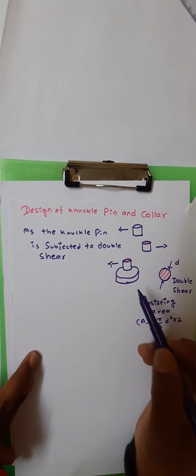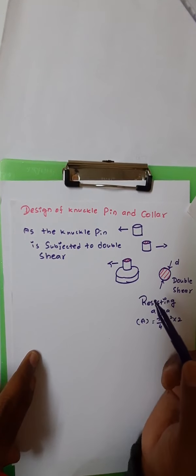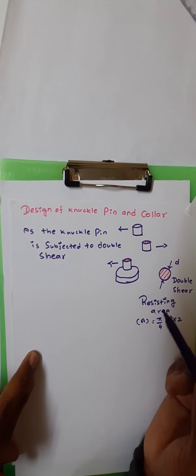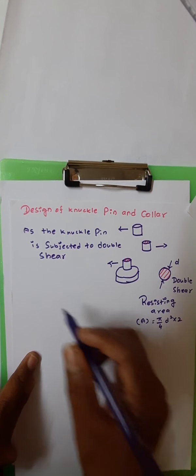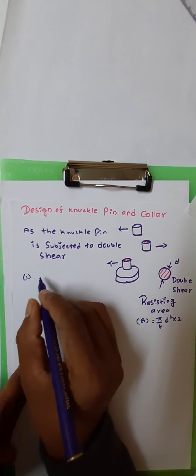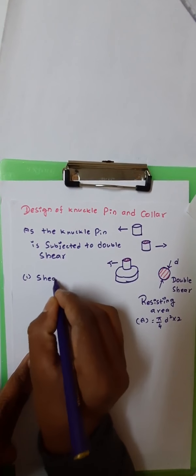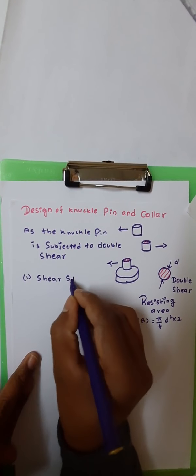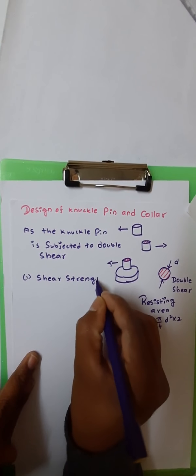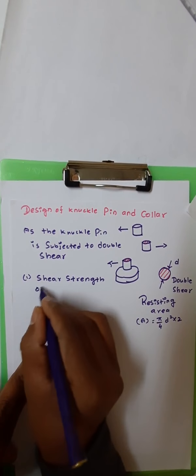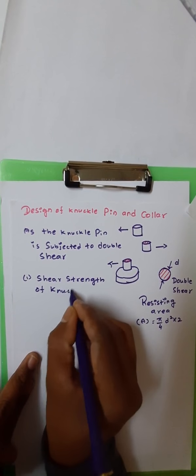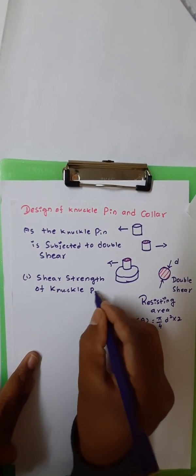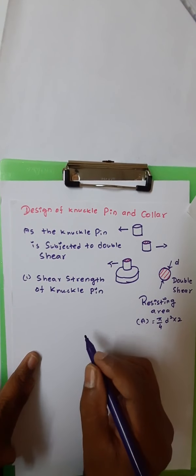Okay, this is about a pin. The force which is acting is the axial force. With respect to that, we need to cross check the shear strength of the knuckle pin.